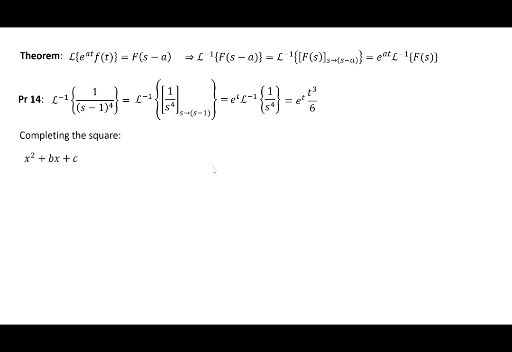If you have something of the form x squared plus bx plus c, to complete the square on this, this is the thing you need to do. You need to add (b over 2) the quantity squared. Okay, can you do that? You add (b over 2) the quantity squared.